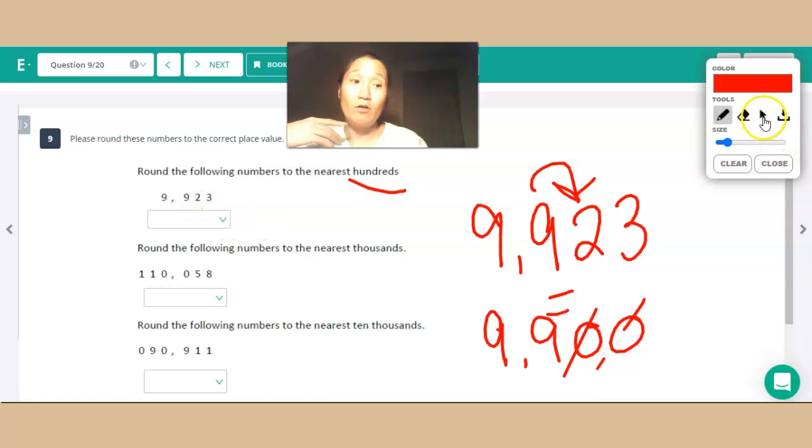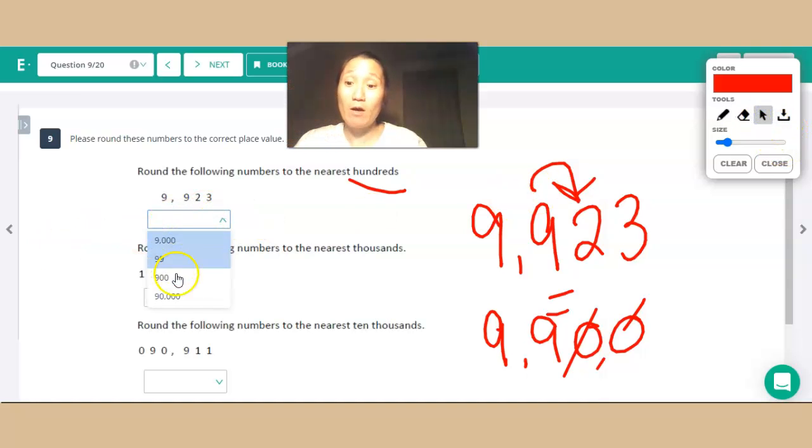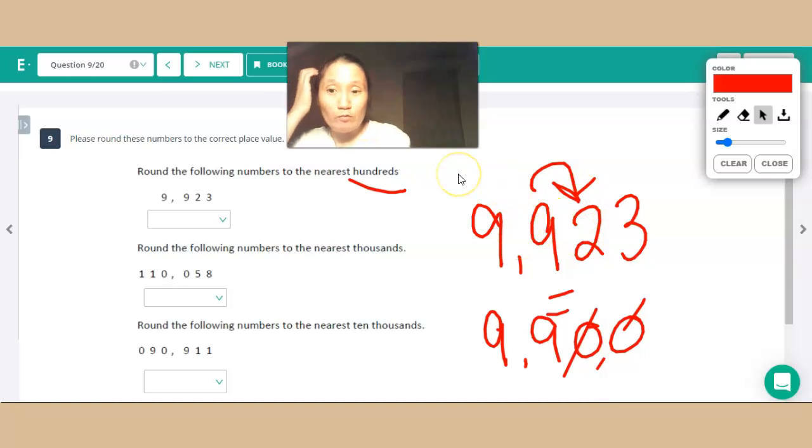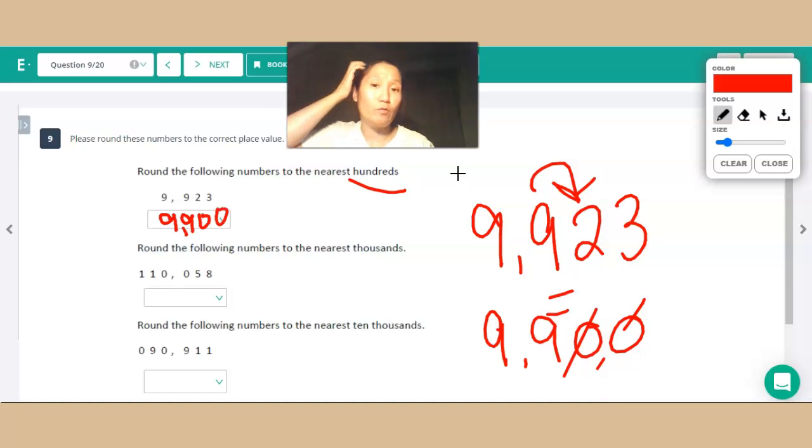So you're going to have to pick those numbers from the drop down. Actually, this one would be to the nearest 100. I didn't put it in correctly, but if you dropped it down, it would be 9,900, and that's what you would put in there.